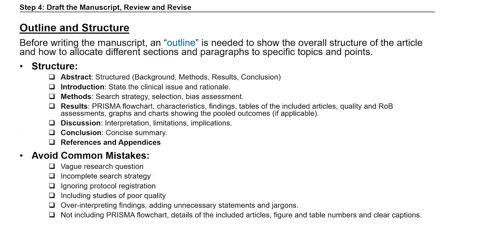So try not to over-interpret. Try to say what you have seen, not more, not less, and make sure you always include the PRISMA chart and the details of the included papers, articles, figures, and others in your study.